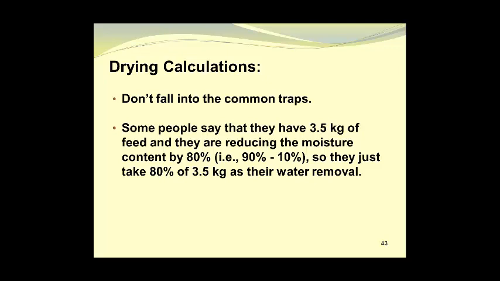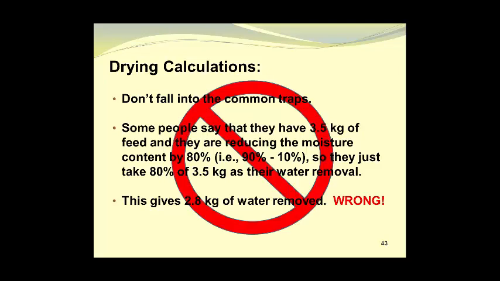So they just take 80% of 3.5 kilograms as the amount of water removal. This gives them 2.8 kilograms of water removed, which is totally and completely wrong. So let's put a big stroke through this to emphasize the point.